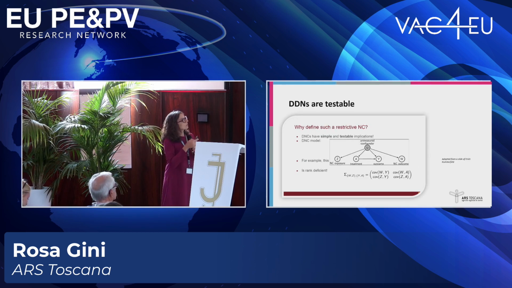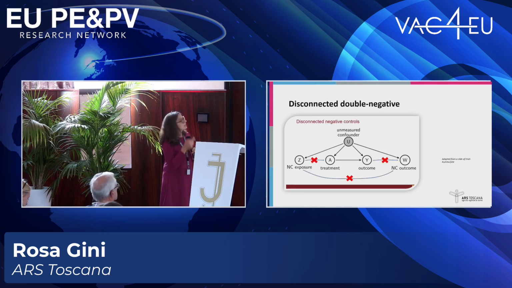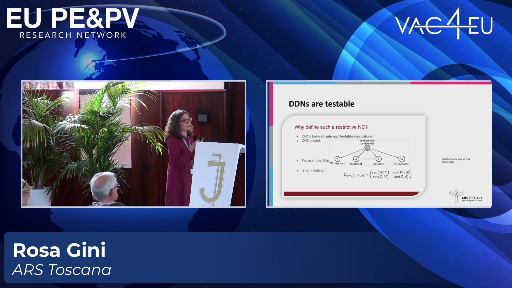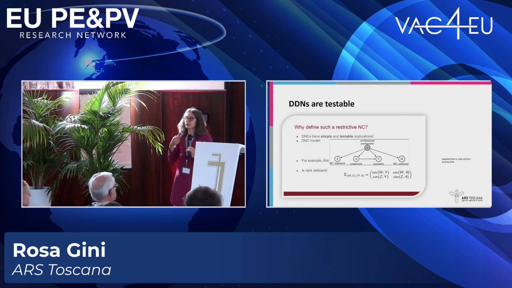These are called disconnected negative controls. Why do we like them? Because the existence of those two can be tested statistically. If this is the causal situation, you will have a rank deficient matrix here, and you can set up a statistical test to make sure that this happens.